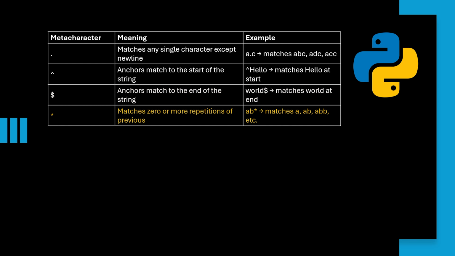Next is asterisk. It matches 0 or more repetitions of the previous expression. So here we have a character or group, which we will see in the next videos, right before it. For example, ab* matches a, ab, abb, abbb, and so on. Let's see it in an example.